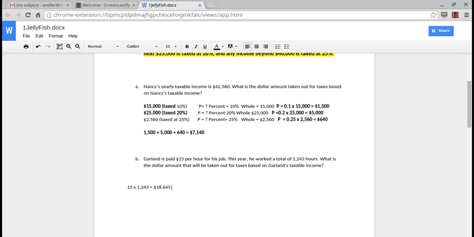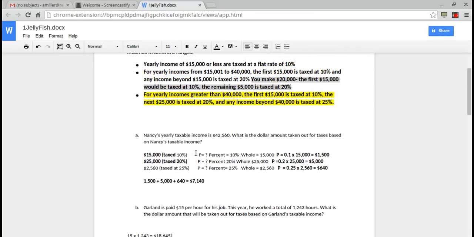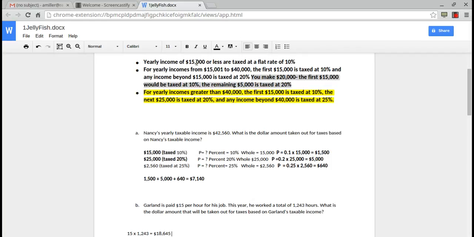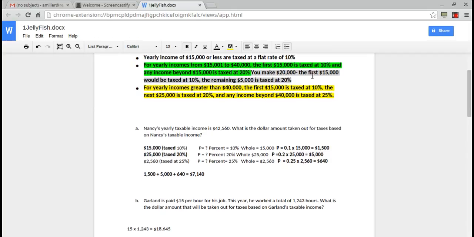So first I want to see, where does he fall? Does he make less than $15,000, between $15,000 and $40,000, or greater than $40,000? I see that he falls in this middle bracket, so I'm going to follow the rules based on this. The first $15,000 is taxed at 10%, and any income beyond $15,000 is taxed at 20%.